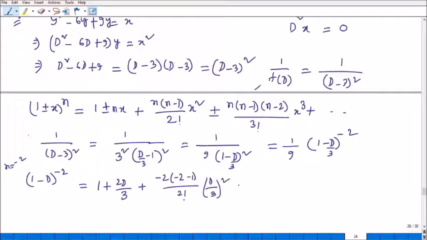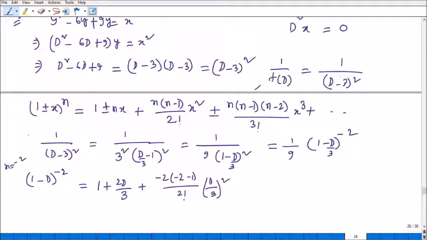Since the function is x square, the fourth term does not need to be considered, because it will be a third derivative.